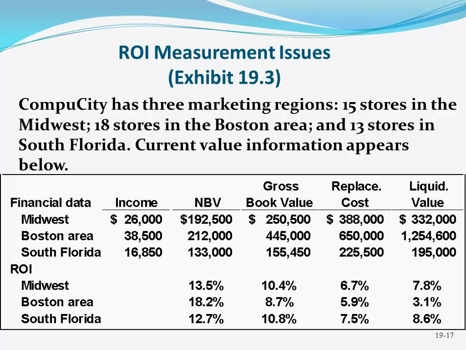I'm not saying that that's necessarily the case, but you see, because of the high liquidation value, the return on investment for the Boston area based on liquidation value is now 3.1%. That's low. So maybe we can either move out of the whole area or move to another area within the Boston area. But these are things that we may want to consider, and the numbers may give us a lead, or at least these are things that we may want to examine. So it's just an example of useful leads, indicators and leads that can be provided by such numbers.